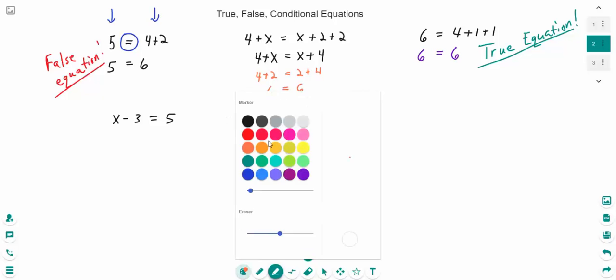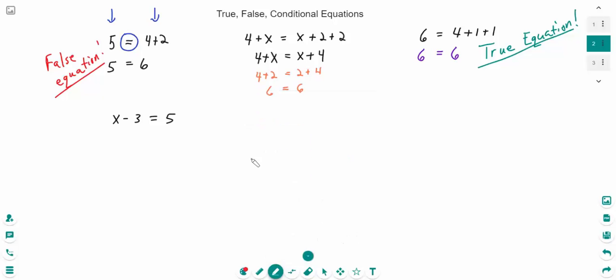On the other hand, pick a number. What's your favorite number? What other number should we put in for x? Pick your favorite number. I'm going to pick, let's pick a 7. Okay, 4 plus 7 equals 7 plus 4. Well, 4 plus 7 is 11. 7 plus 4 is 11. This is a true equation. 11 does in fact equal 11. And this would be true for any number that you plug in for the x.